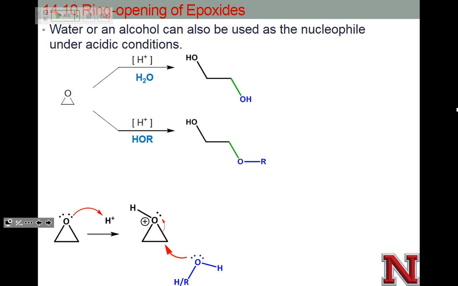If it's water, this is a hydrogen, but the mechanism doesn't change because the oxygen is still the nucleophile. Notice that it's attacking, and it's still going to have a positive charge, but the part of the oxygen that was the epoxide leaves neutral. So all we did was activate it. We made the activation energy lower because when the epoxide is protonated, it's even more unstable than the normal epoxide.